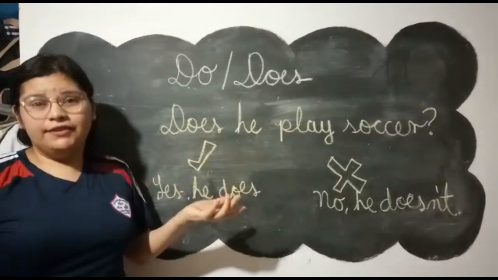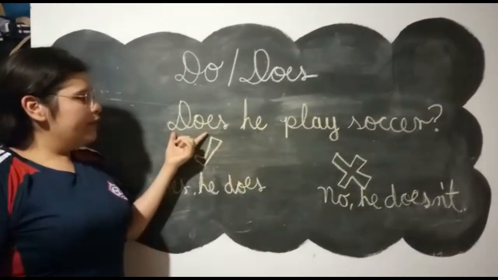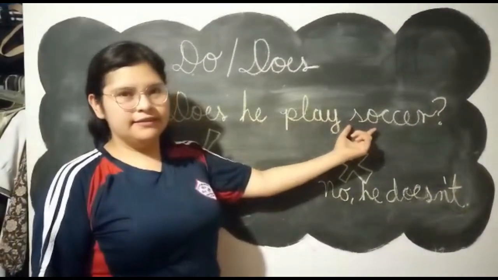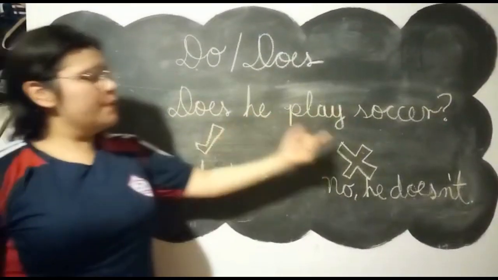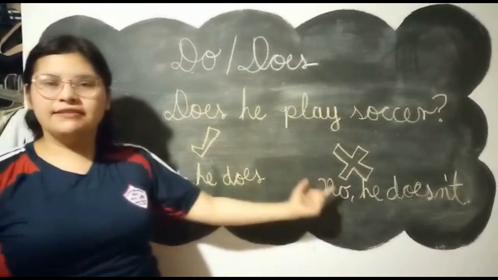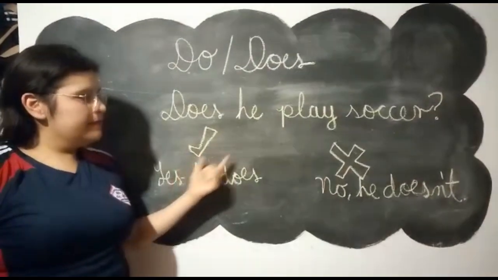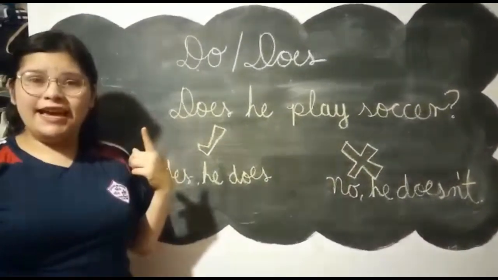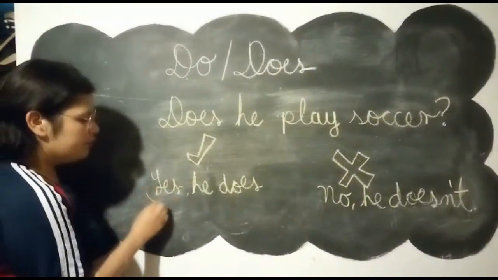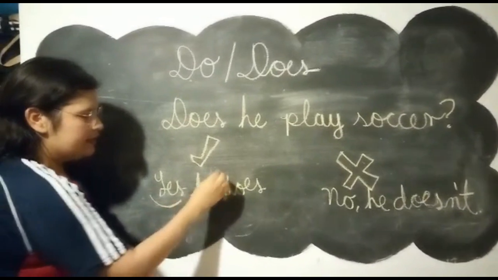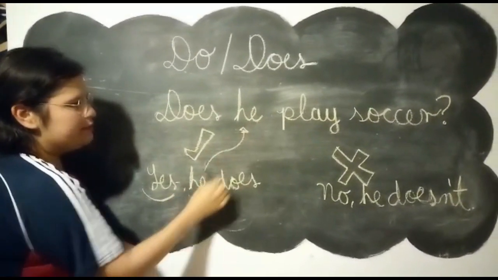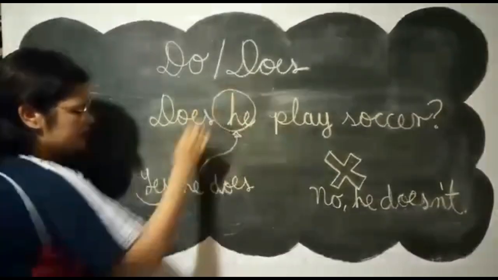Now we have another example. We have: does he play soccer? We have two possible answers, positive and negative. If the answer is yes, you start with the word yes. Then we use the same subject.